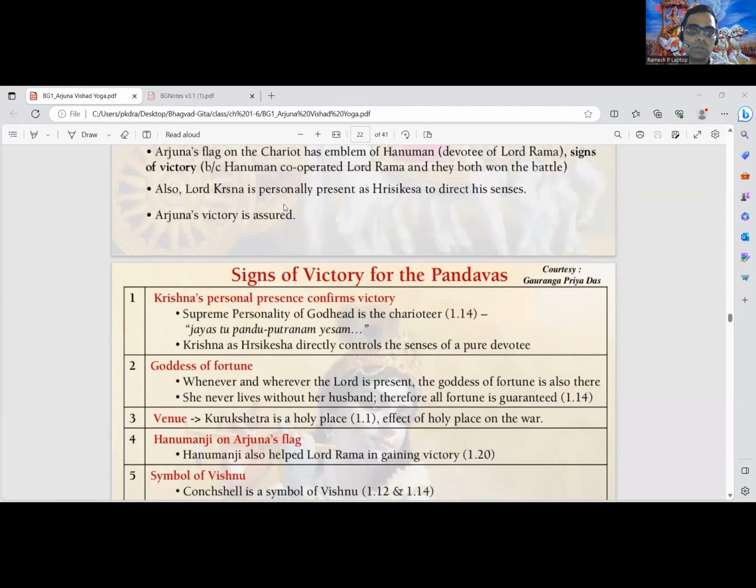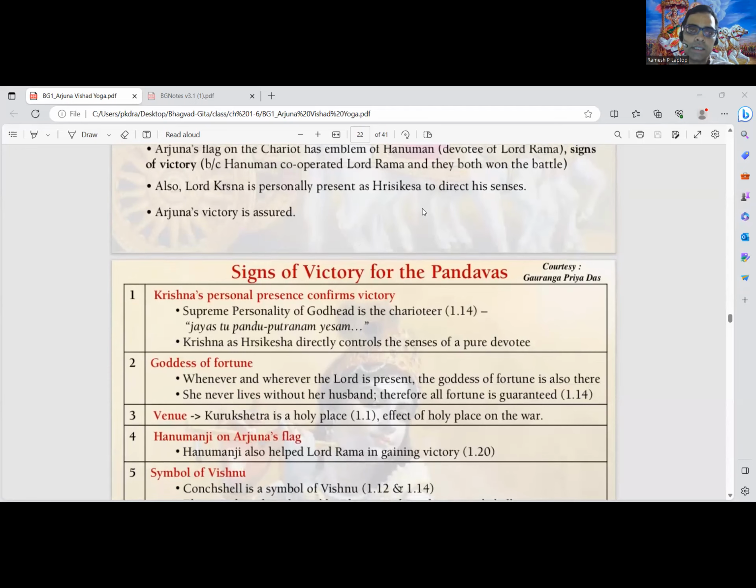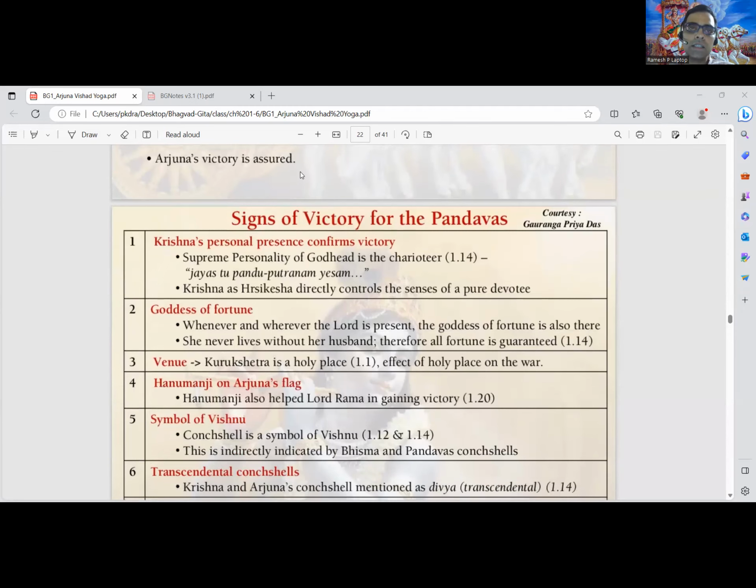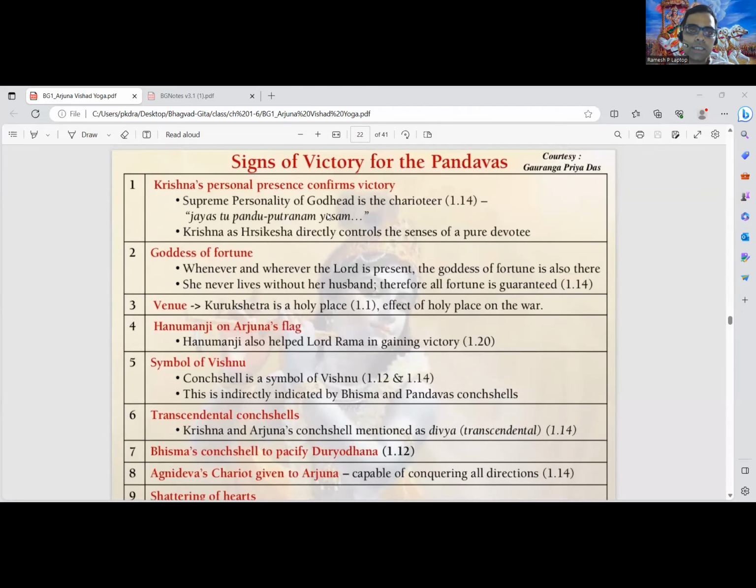Also Lord Krishna was present, which we discussed, and hence Arjuna's victory is assured. Krishna's personal presence: wherever the Lord is present, since he has come onto this material world to establish dharma, the victory will always be there.